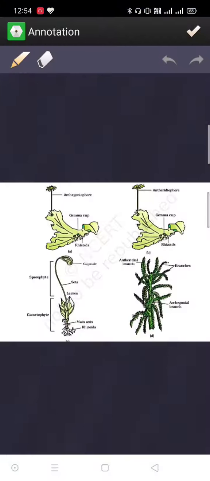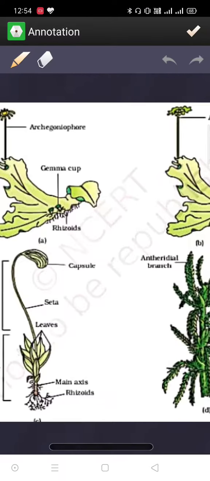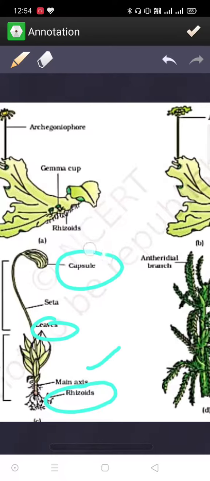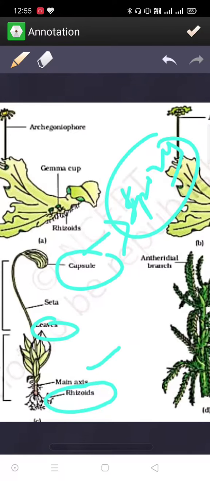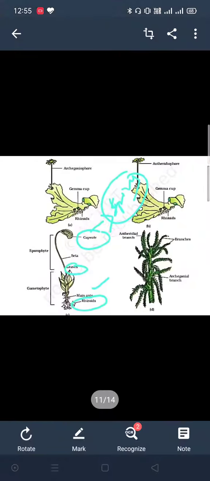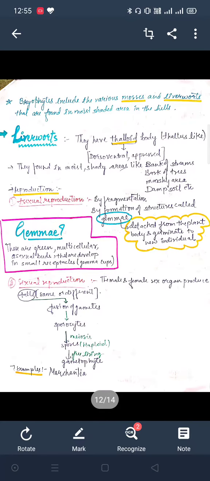This is the rhizoid for the attachment to the substratum. This is the main axis, a standing axis, with leaf-like structures, and the capsule. This capsule carries spores. These spores burst out and are dispersed over a large area, far away from the plant, and convert into gametophytes and produce new organisms.